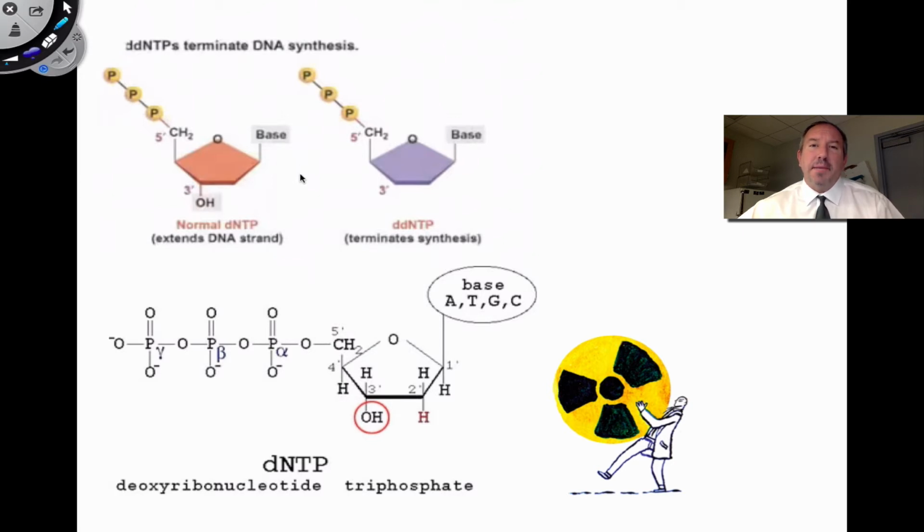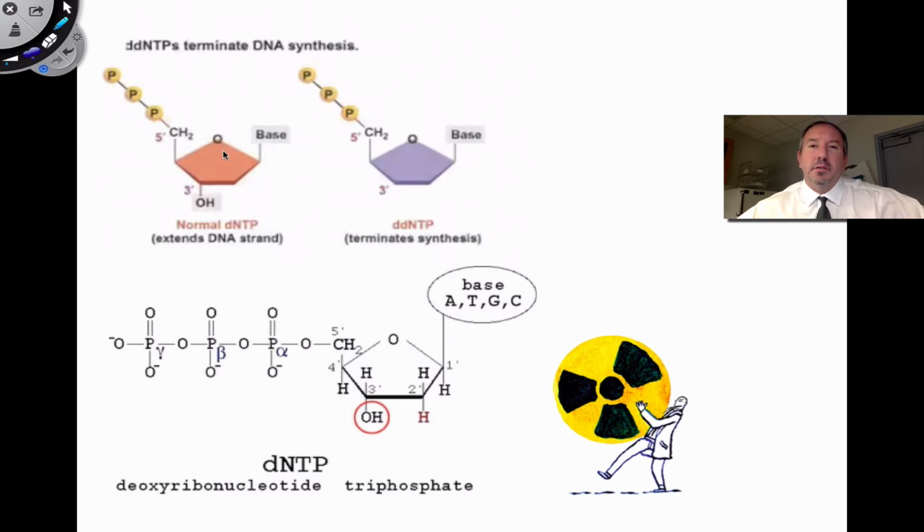What that means is, if you're familiar with DNA synthesis or DNA replication, DNA is constructed from these four basic nucleotides. They're called dNTPs, deoxyribonucleotide triphosphate: adenine, thymine, guanine, and cytosine.